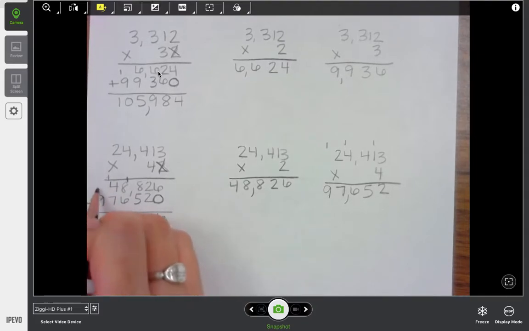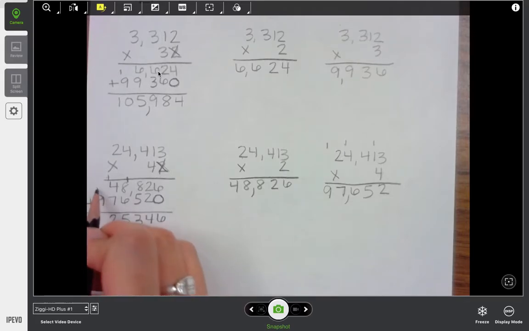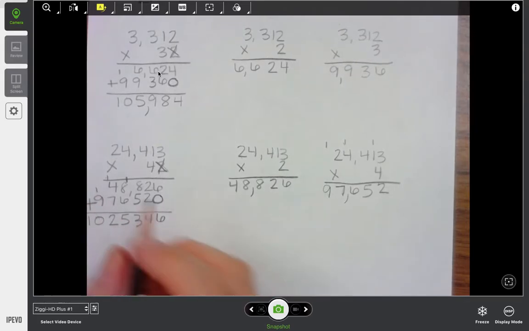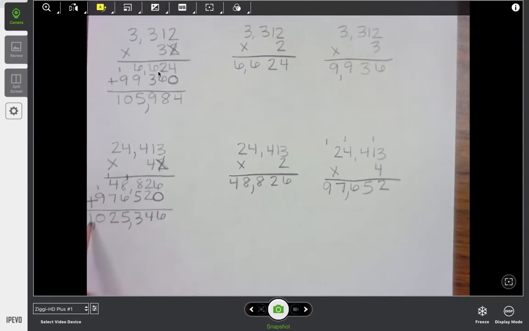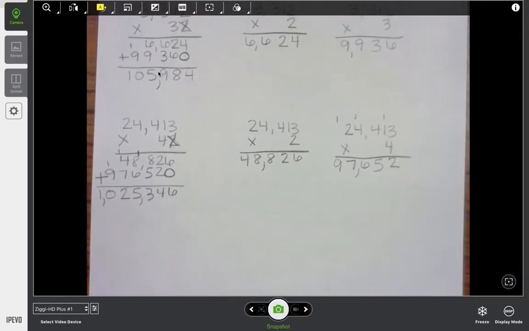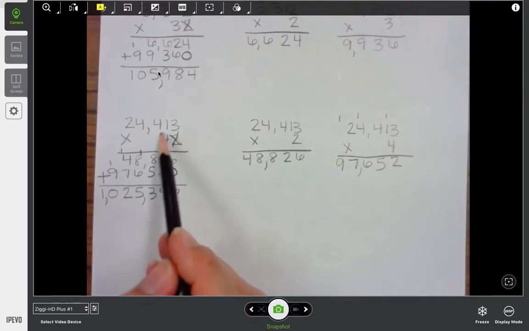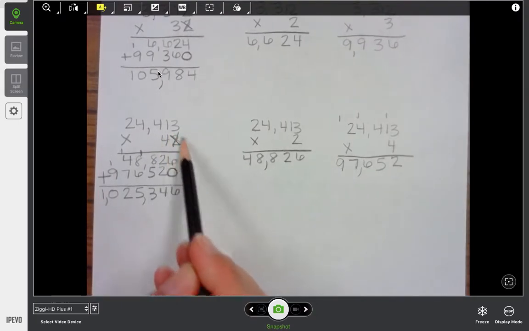I'm going to put my 2. I carry my 1. And 9 plus 1 is 10. So my answer for this problem was 1,025,346.